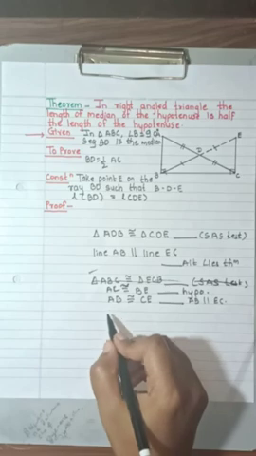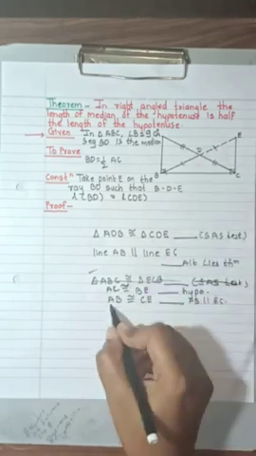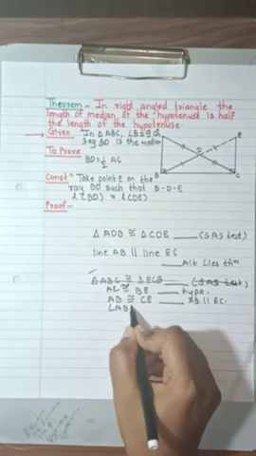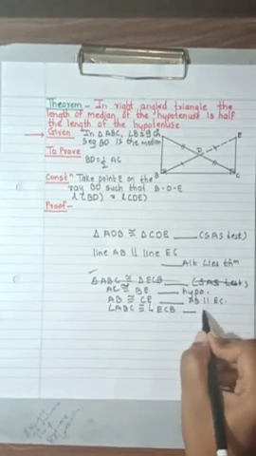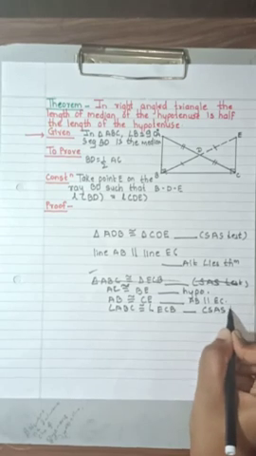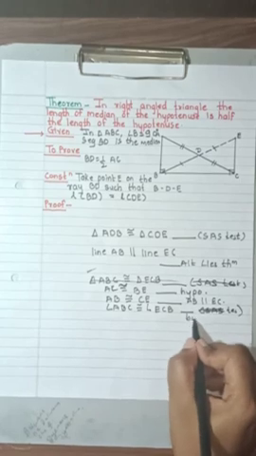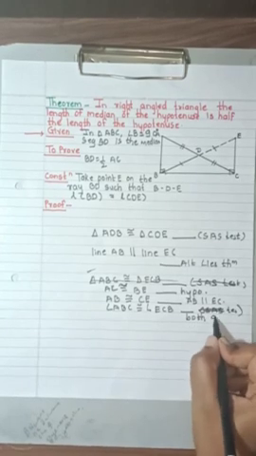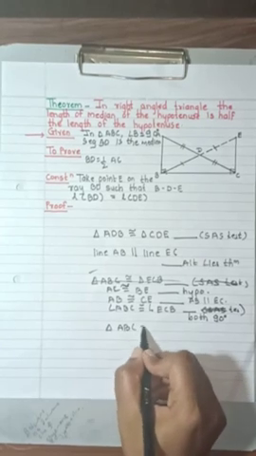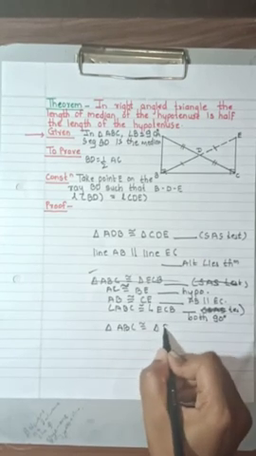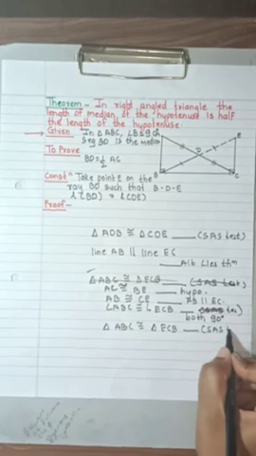Therefore angle ABC is congruent to angle ECB, as both are 90 degrees, not SAS test. And therefore you can say that triangle ABC is congruent to triangle ECB by SAS test.